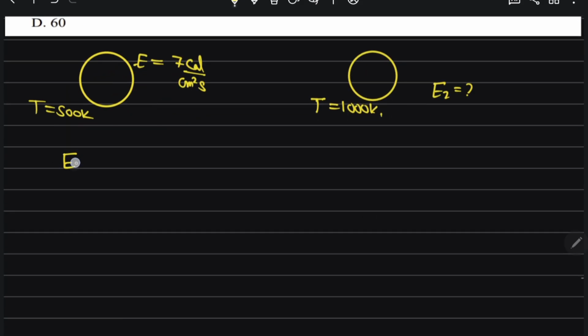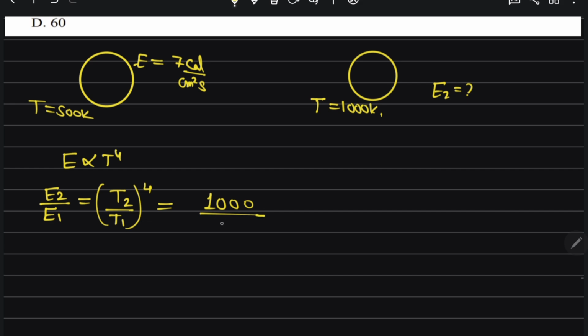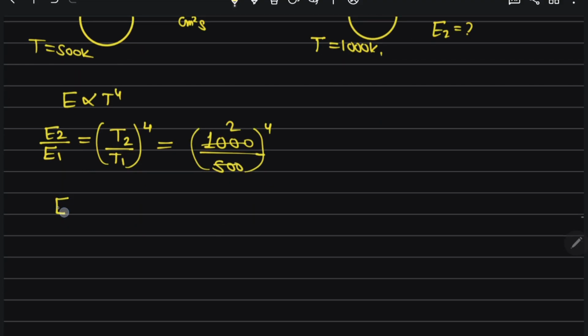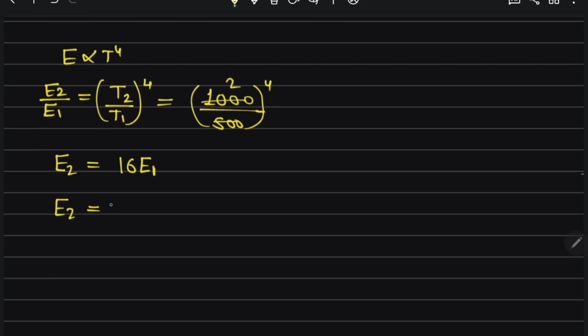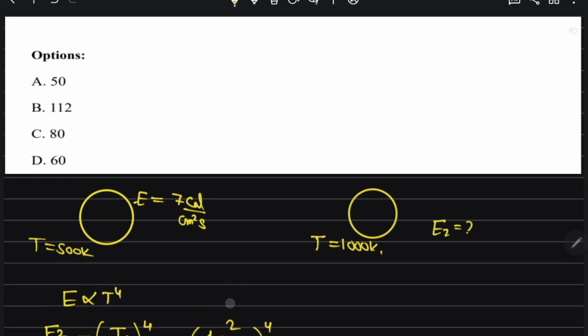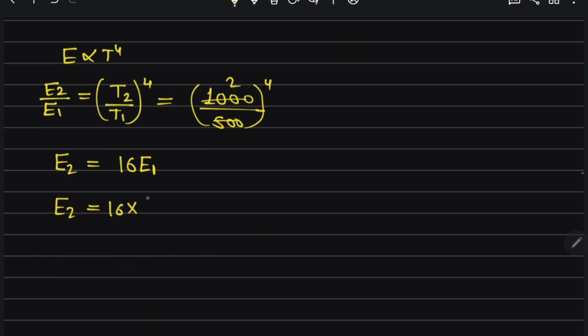We know that E is directly proportional to T to the power 4. So E2 by E1 is equal to (T2 by T1) to the power 4, that is (1000 divided by 500) to the power 4. This comes out to be 2 to the power 4, that is 16 times. So E2 is 16 times E1. E1 they have given is 7.